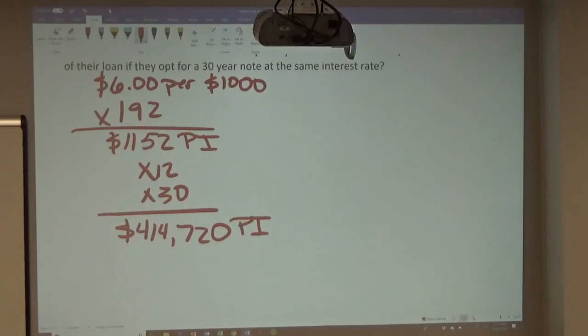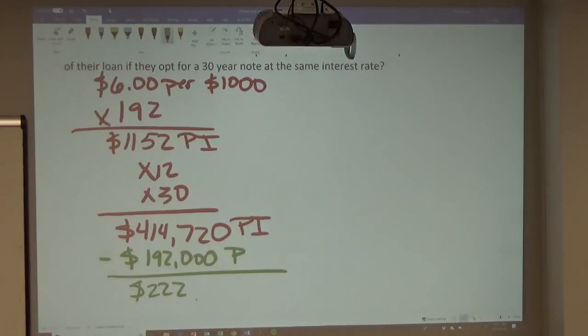And of course we know that $192,000 of that was the actual loan, the principal amount. So $414,720 minus $192,000 is $222,720 in interest paid over the life of that loan.